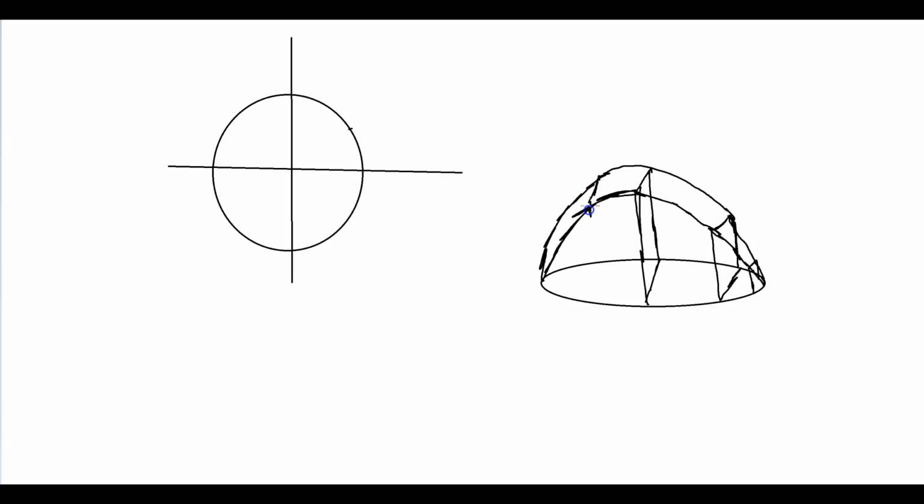So this cross section over here will also be a square, and all the cross sections perpendicular to the x-axis, like this, maybe like this.